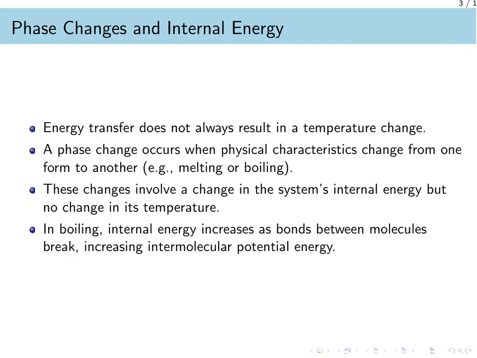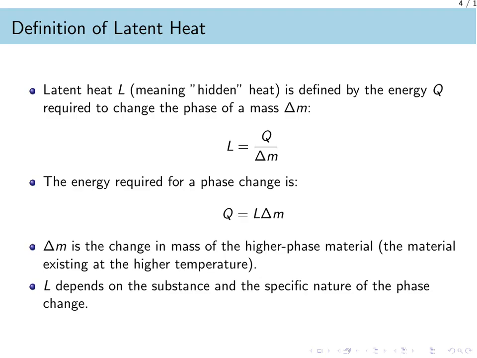This means that while you are heating a pot of boiling water, the temperature remains constant until the phase change is complete. We define latent heat, which literally means hidden heat, as the energy required to change the phase of a specific mass of a substance. Mathematically, latent heat equals the energy transferred divided by the change in mass of the higher phase material.